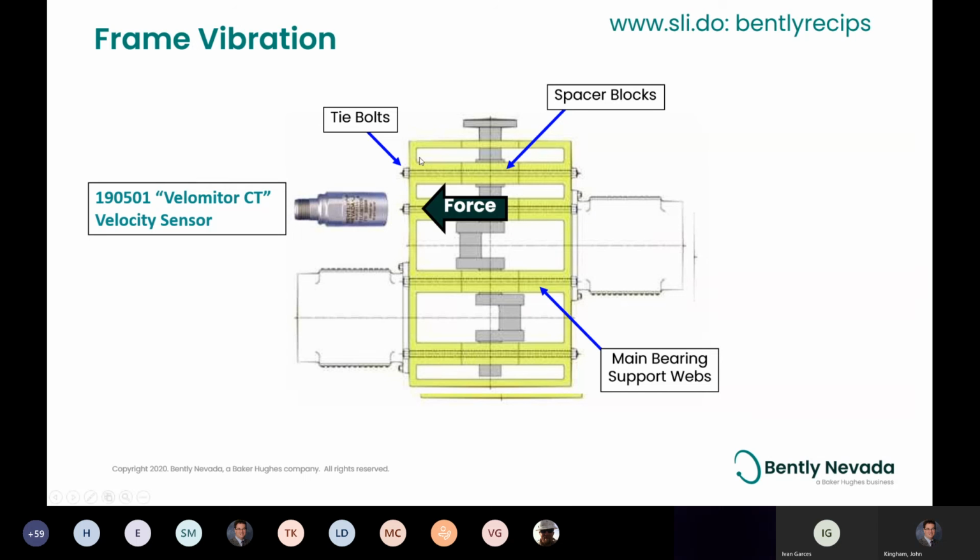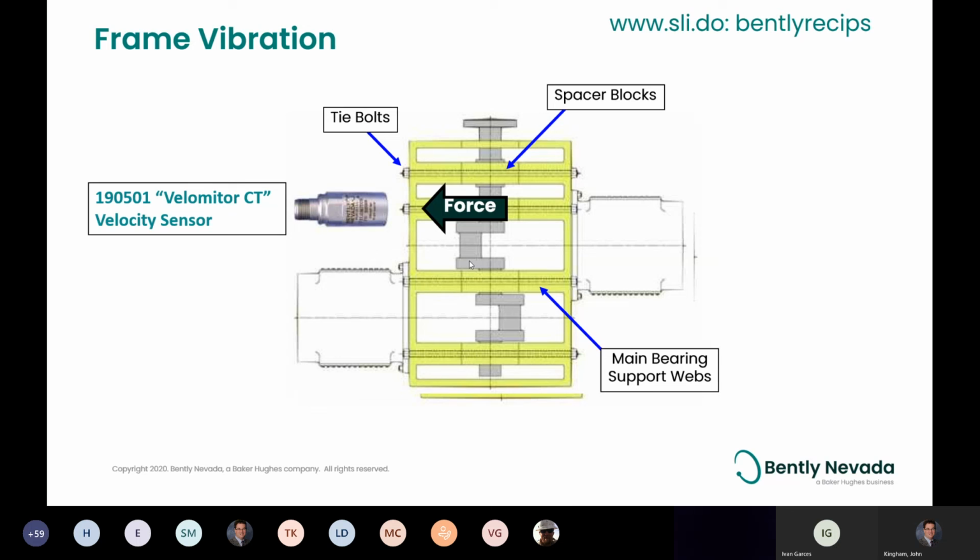I was talking with a customer just recently, and he uses 2 velometers on this end and 2 velometers on this end, diagonally across from each other. He votes one of these 2 or one of these 2 for shutdown. But because he's doing this for protection, he has dual probes.